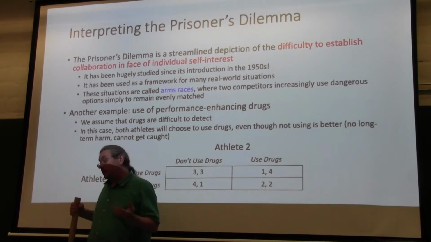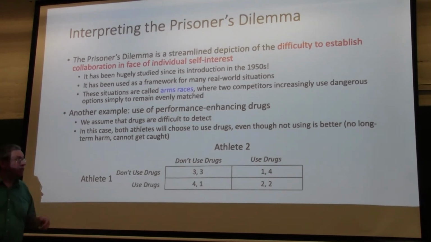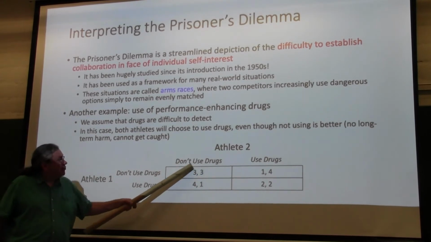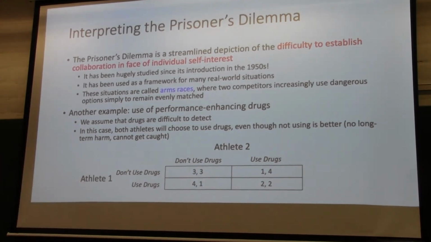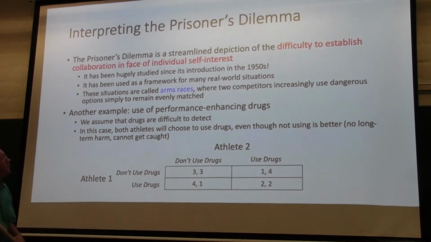I mean, they may get slightly better results, but in terms of their health, in terms of honesty, in terms of competition, it's worse. Okay? And if they would not use drugs, they would have an honest competition. You have a better payoff. But the rational behavior, where each athlete decides independently, is pointing to this, that both use drugs.